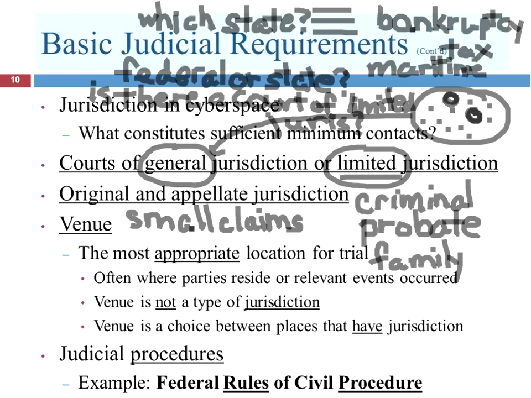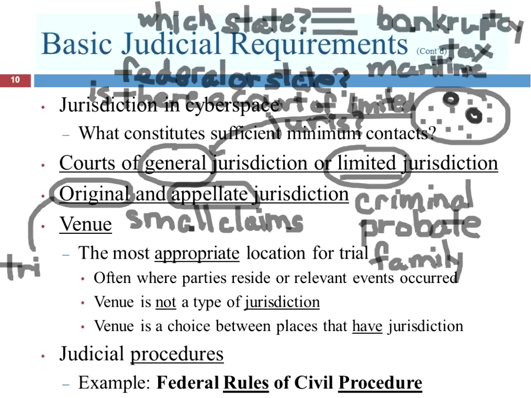The other way to look at jurisdiction is whether we're filing in a court of original jurisdiction or one of appellate jurisdiction. This one's really easy. Nobody makes a mistake in this area, but there are two important concepts to be familiar with. So a court of original jurisdiction is where you originate a lawsuit, where you begin a lawsuit. So this is the first place. This is oftentimes called a trial court, right?